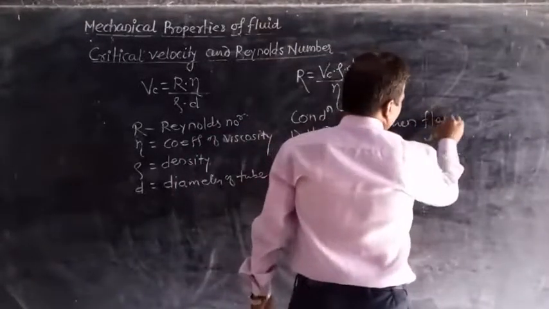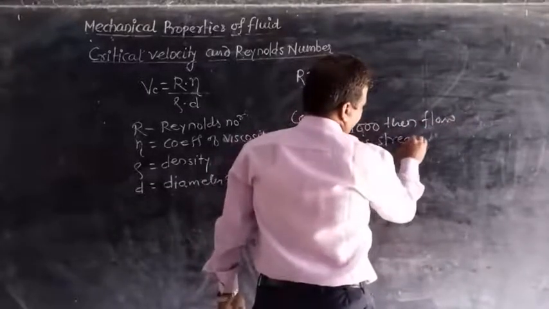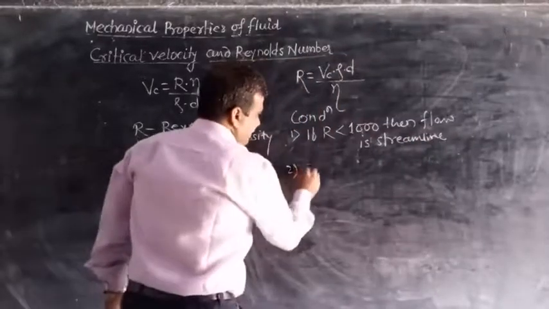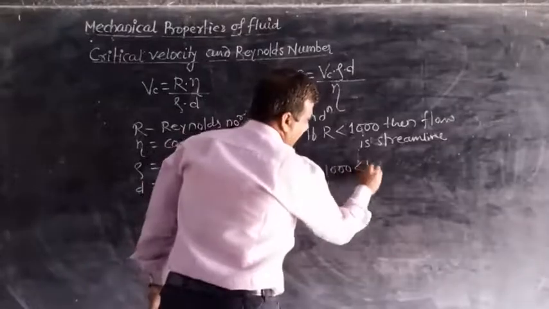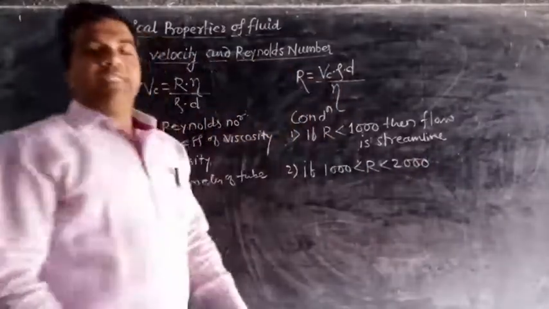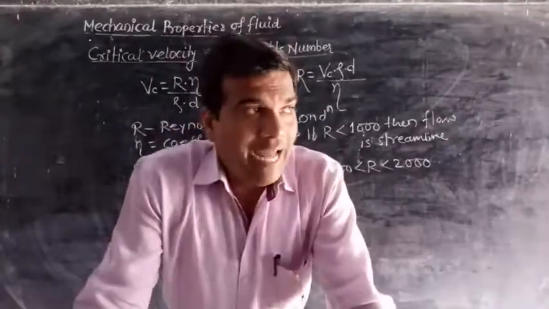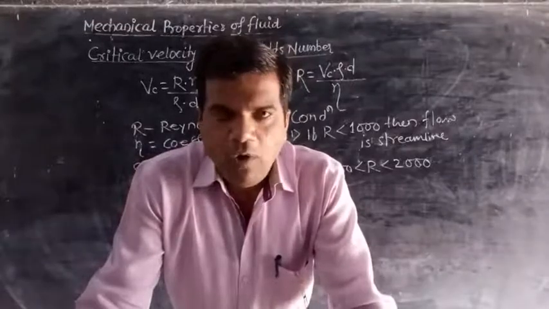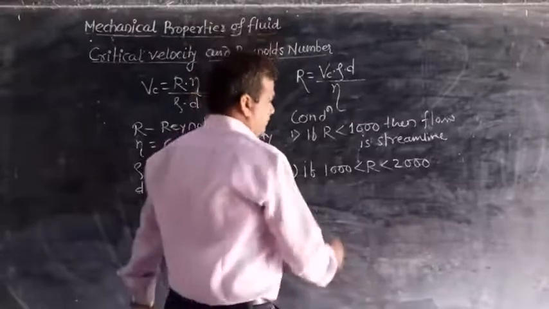flow is streamline. Second, if 1000 is less than R less than 2000, that is, if R is lying between 1000 and 2000, then flow of liquid becomes unsteady or unstable.